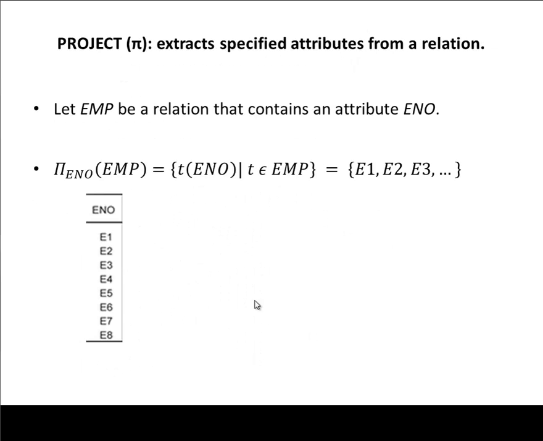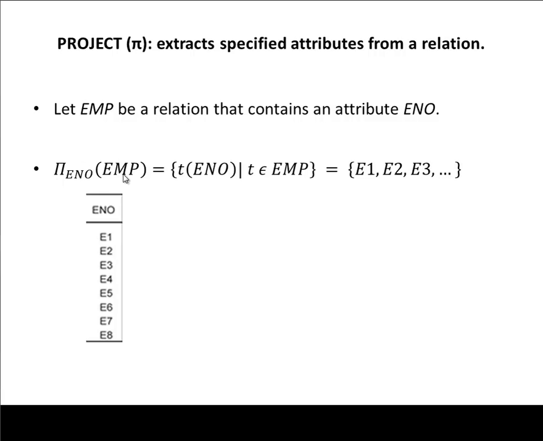A projection always extracts specified attributes from a relation, attributes meaning that column that we referred to earlier in the tabular representation of our relation. So we let EMP be a relation that contains an attribute ENO, employee number.